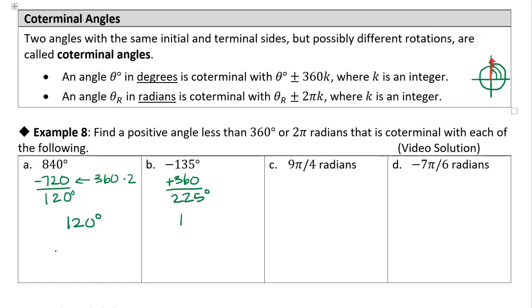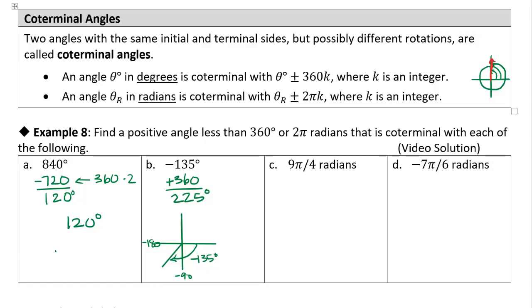Now we could visualize that if we draw those two angles. This is negative 90, and this would be negative 180. So negative 135 is over here, 45 degrees beyond negative 90. Now the 225 degree angle is measured from the positive x-axis. 225 is more than positive 180.